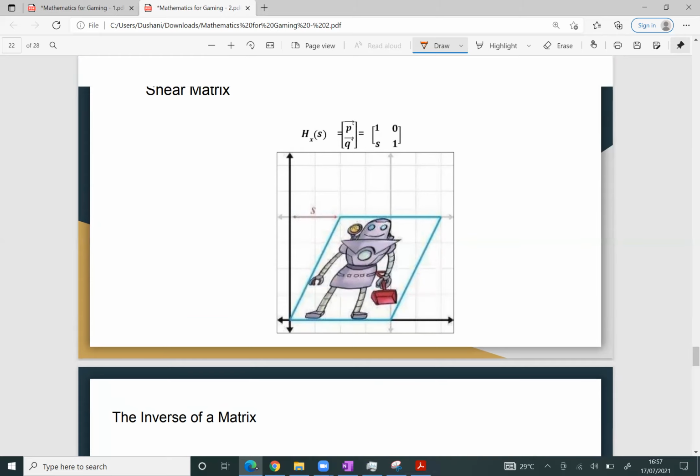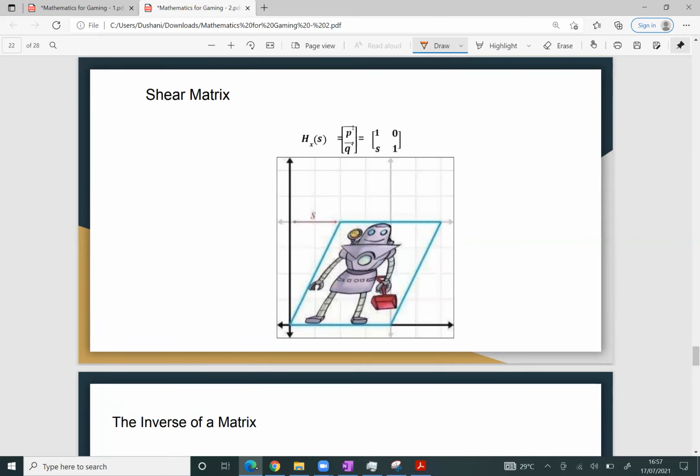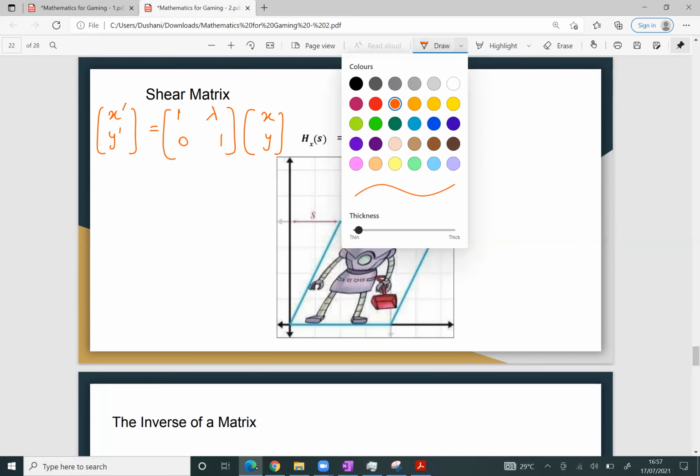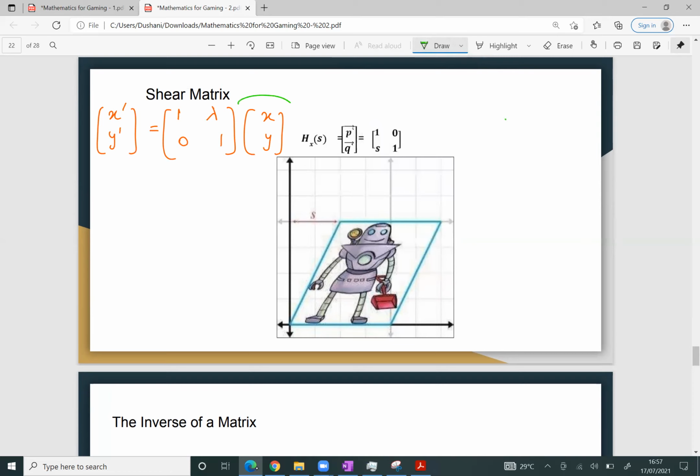So if you are using a shear which is parallel to the x-axis and your new coordinates are x dash, y dash, this is equal to the matrix [1 lambda; 0 1] times x, y. This is your original coordinates, these are your new coordinates.